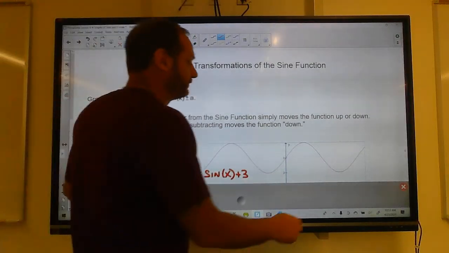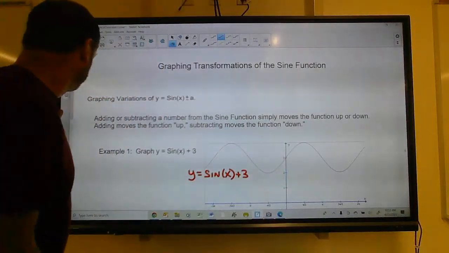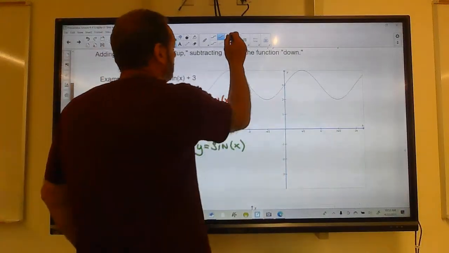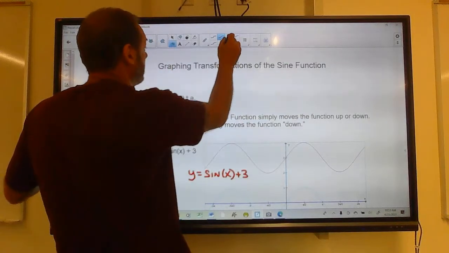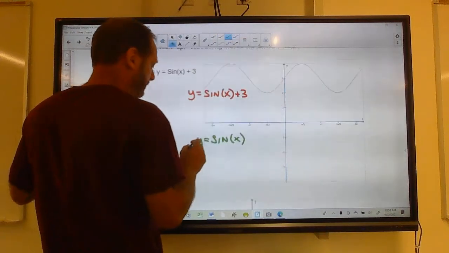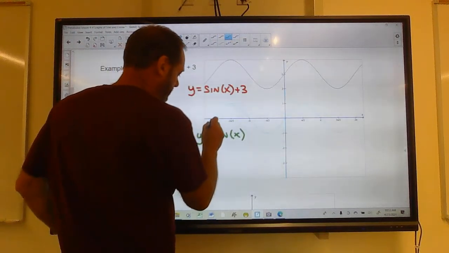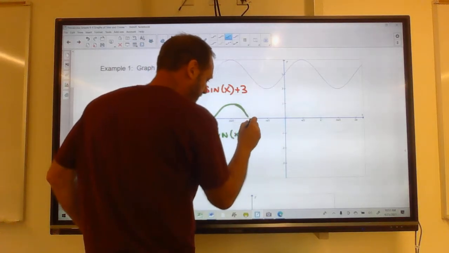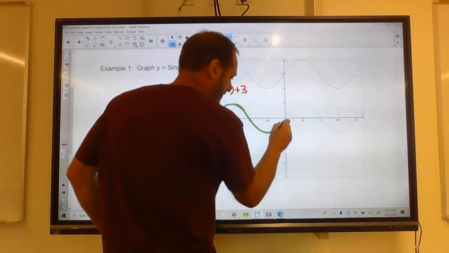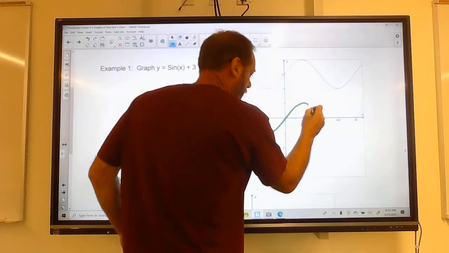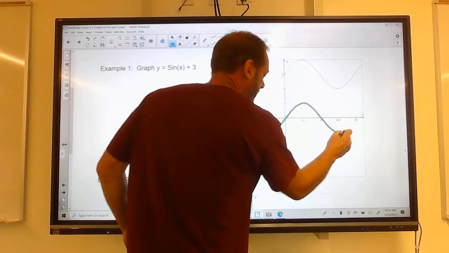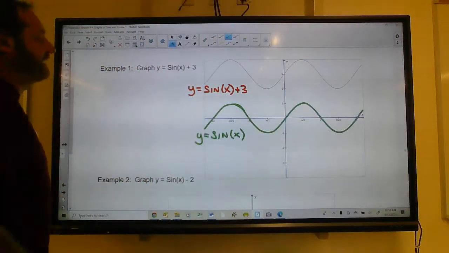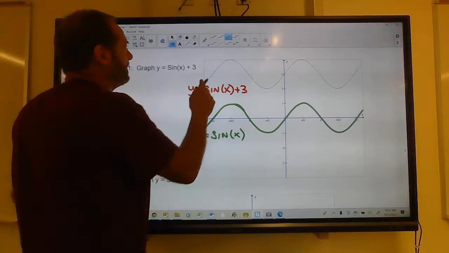Okay, so for example, this might not show on the video, so we'll go ahead and brighten it up here a little bit. So here's my sine function. There's my sine function. Now, if I want the sine of x plus 3, I just move the key points up 3.